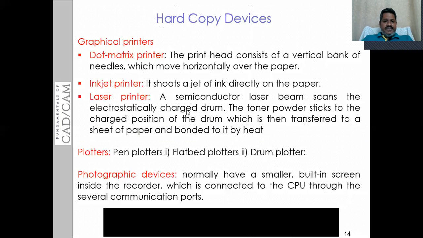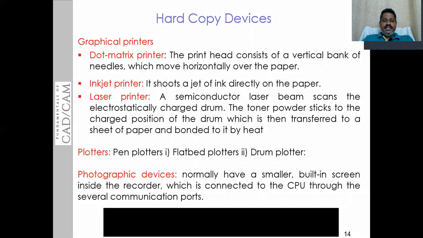The moment you charge the drum electrostatically, the toner powder sticks to the drum on which a paper is going to roll to get the print on that paper. That means this laser printer consists of a drum. That drum is electrostatically charged.